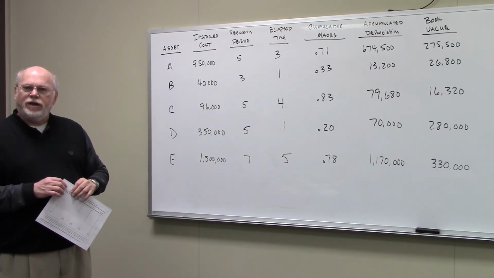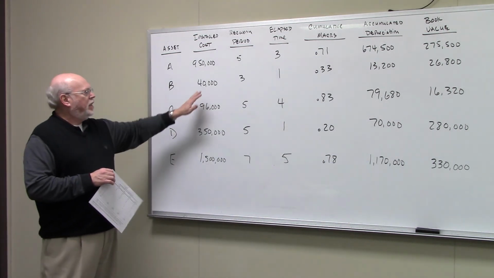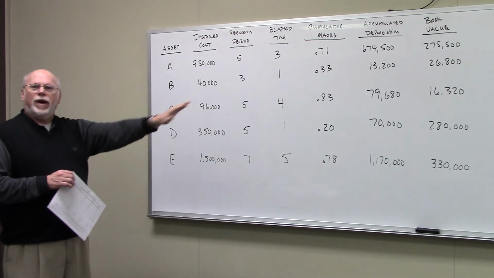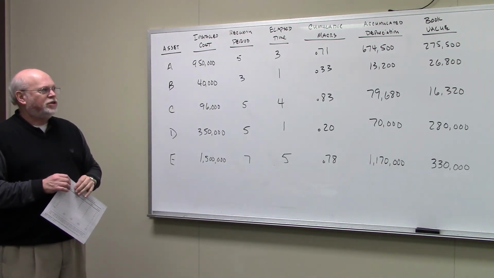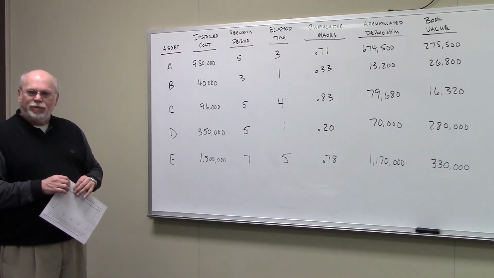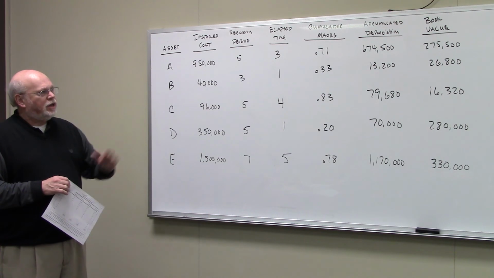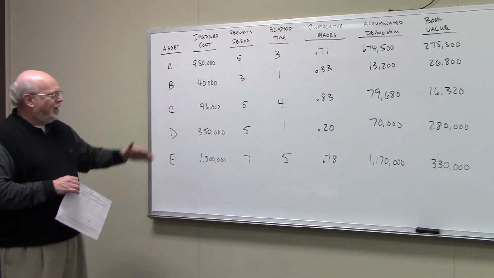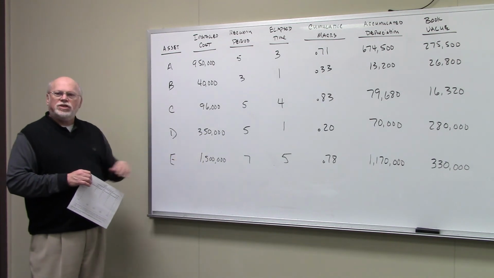That's the accumulated depreciation for this asset. Book value is the installed cost minus accumulated depreciation, which is 13,200. So the book value for asset B at the end of the first year is 26,800.